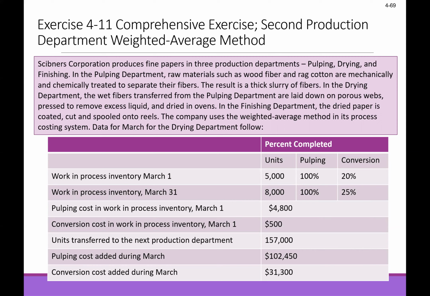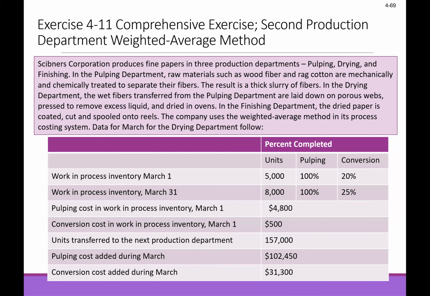In the drying department, those fibers transferred from the pulping department, department A to department B, are laid down on porous webs, pressed to remove excess liquid, and dried in ovens. Then in the finishing department, the dried paper is coated, cut, and cooled onto reels. The company uses the weighted average method in its process costing system.